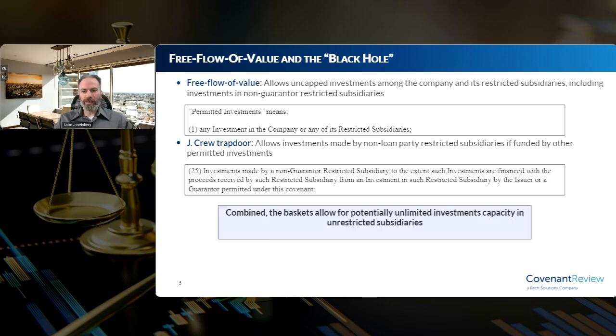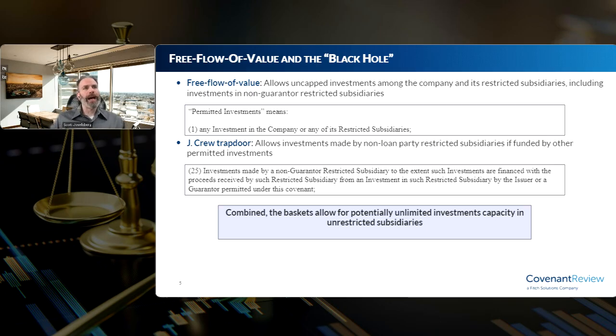Thanks, Ian. So to the point Ian made about these carve-outs making no sense, there's a version of the trapdoor that goes even further that we like to refer to as the black hole. What's happening here is that there were a number of documents that had this flaw contemporaneously with J.Crew, just like this pass-through carve-out that Ian referred to in the J.Crew loans.